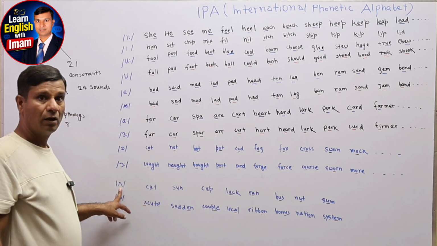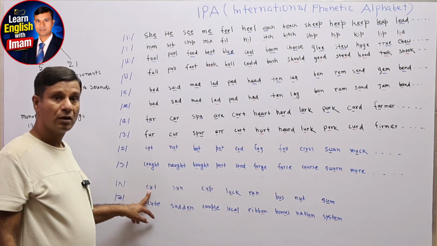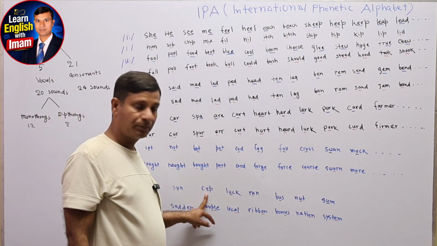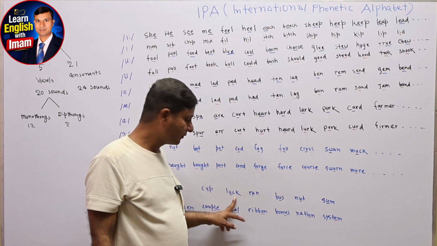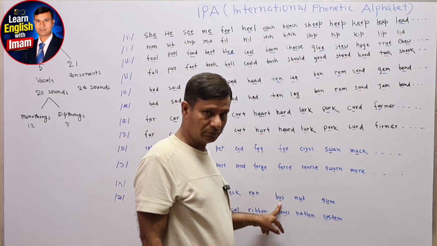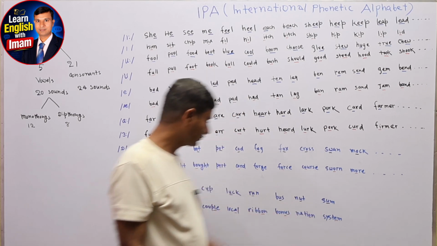We have the A sound: cut, sun, cup, luck, run, bus, nut, some.